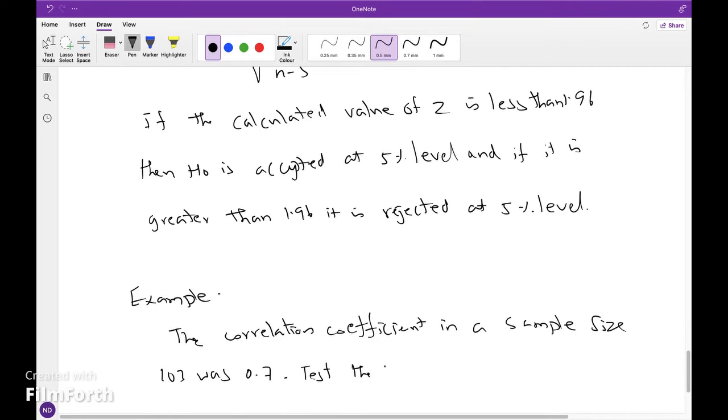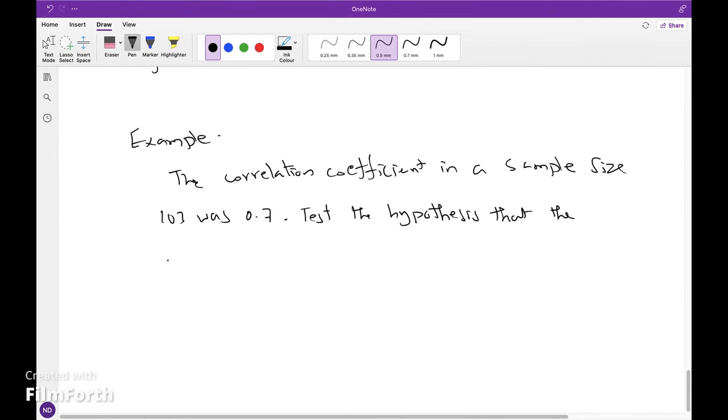Test the hypothesis that the correlation coefficient with the population is 0.6.